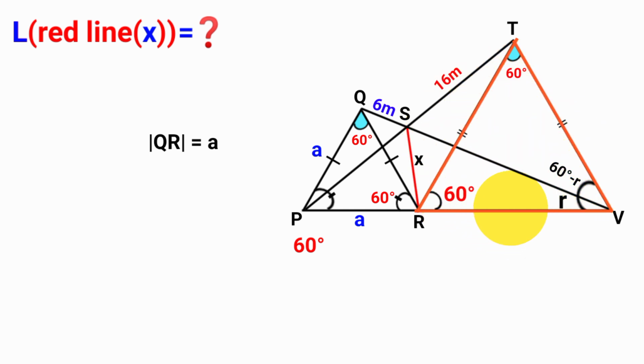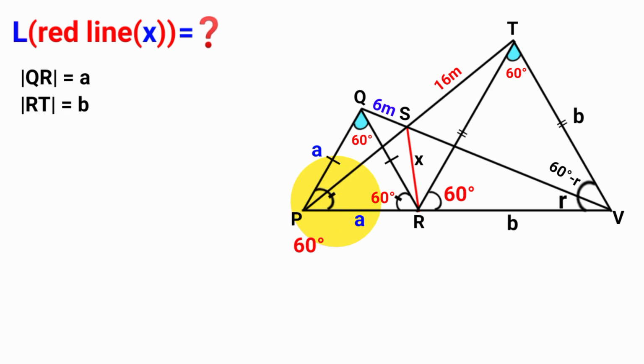So if we let this side be B, this and this must also be B. But as for this side, we write out its length here, line RT equal to B. Let's not forget here also, if we assume the size of this angle to be S, this must be 60 degrees minus S.